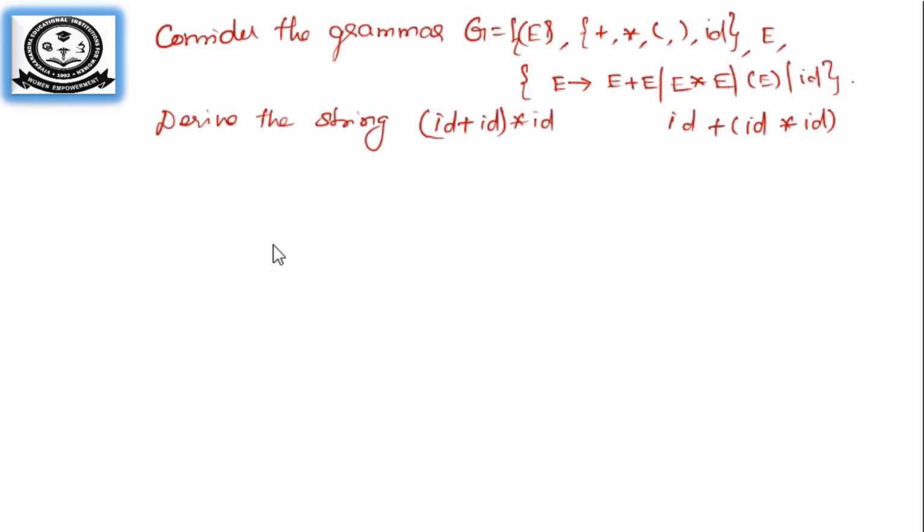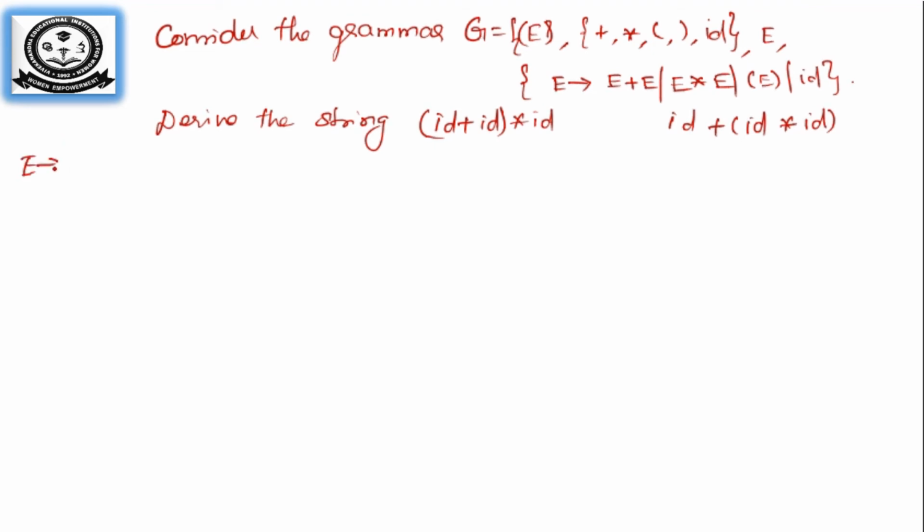So now let us consider an example for derivation. Consider the grammar is given. You have a non-terminal variable E, and terminal symbols like plus, star, open parenthesis, close parenthesis, and ID. Your start symbol is E, and the set of production rules is given. Let us write the production rules first separately.